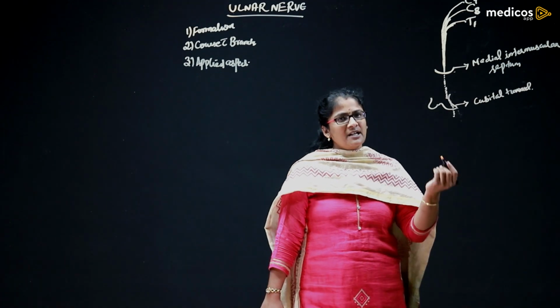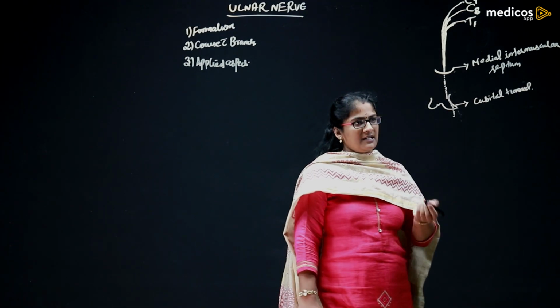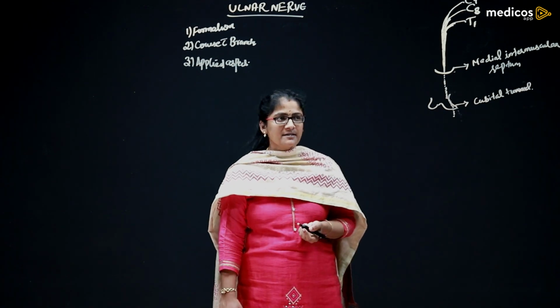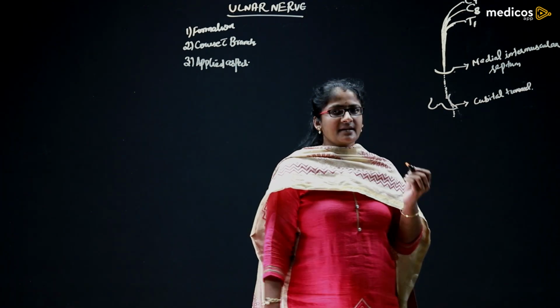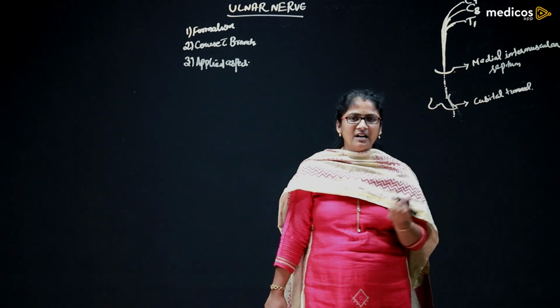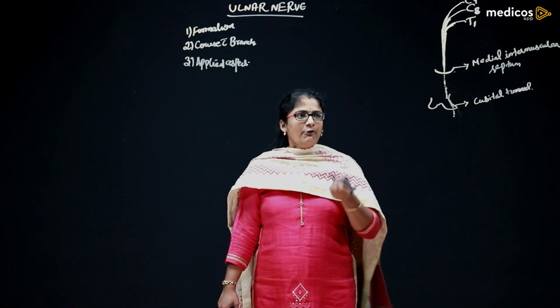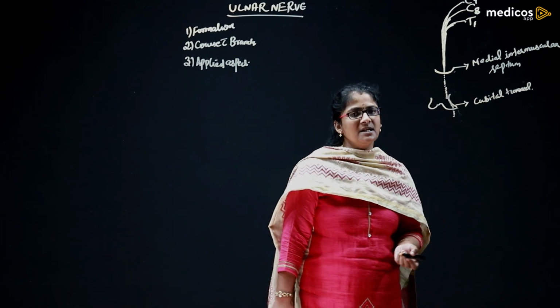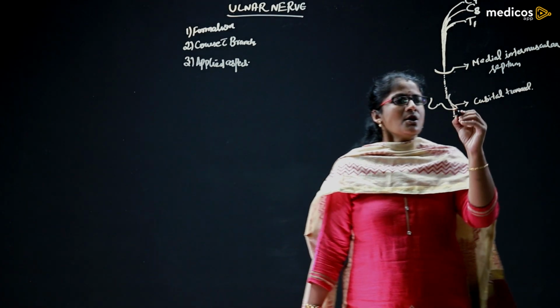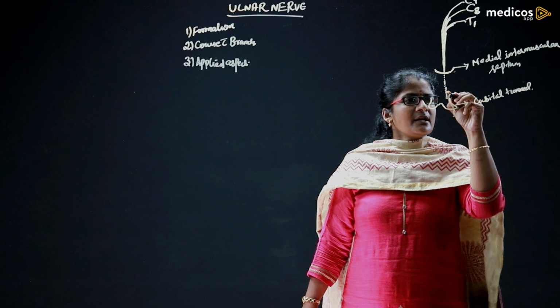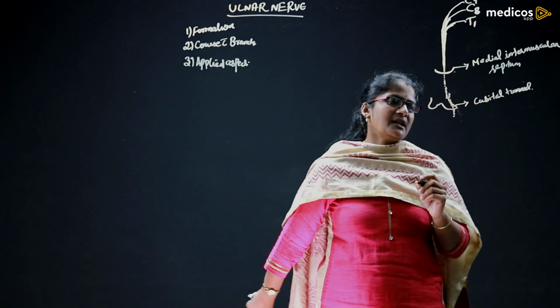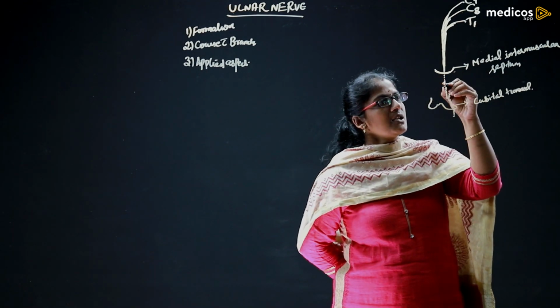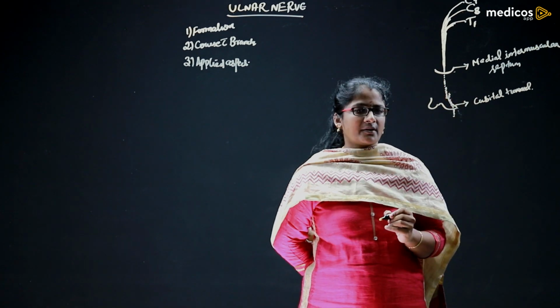So the nerve can be compressed under this cubital tunnel and leads to cubital tunnel syndrome. So the cubital tunnel is nothing but the ulnar nerve compressed between the fibrous band extending between the olecranon process and the medial epicondyle of the humerus. So it is passing behind the medial epicondyle. This posterior course is shown in the dotted line.